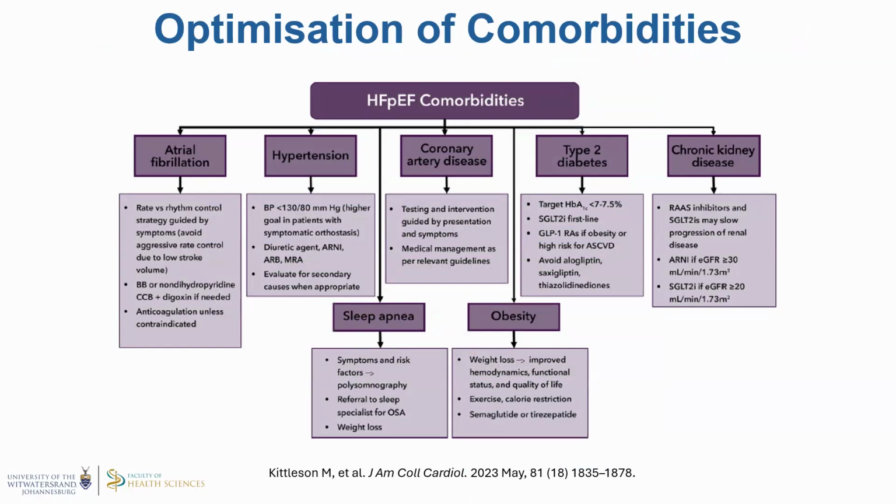And for diabetes, first-line medication for these patients should be an SGLT2 inhibitor. And then for atrial fibrillation, some articles that I read were favoring rhythm control over rate control, but this one is saying rate versus rhythm control strategy guided by symptoms.